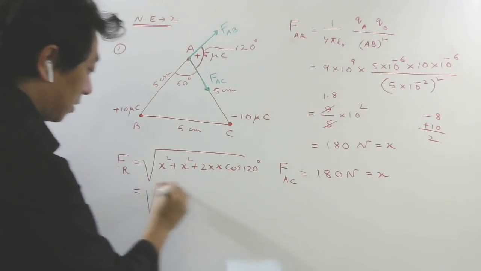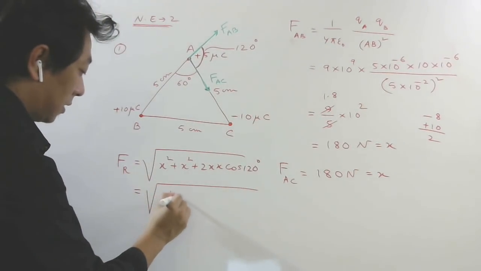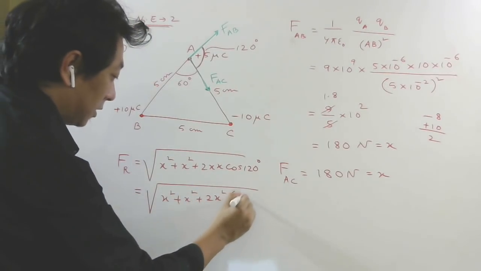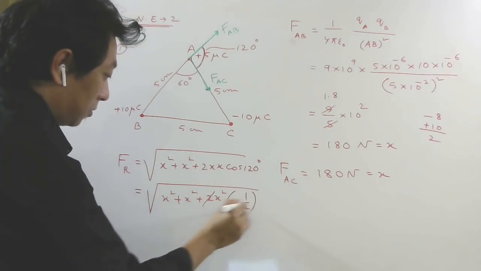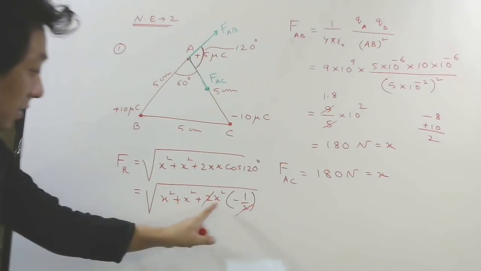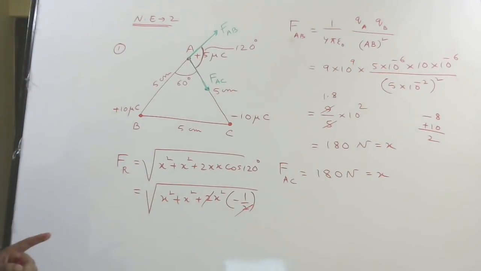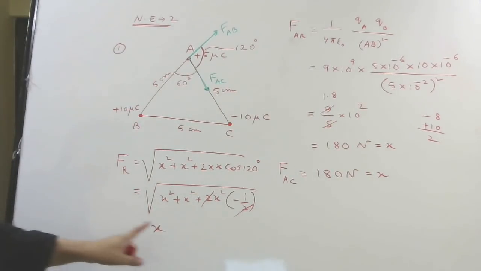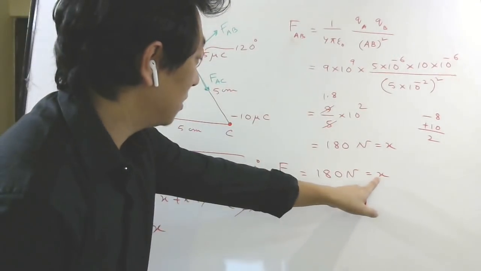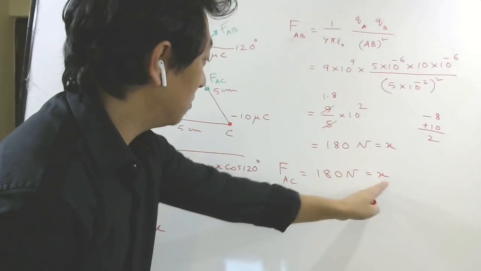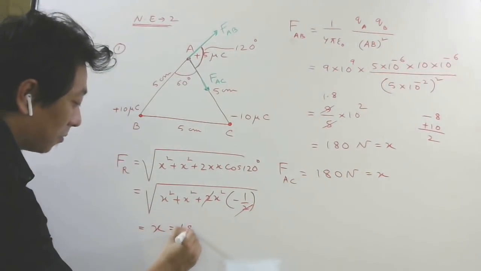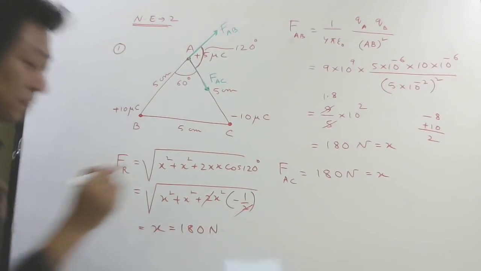That will be root of x square plus x square plus 2x square cos 120, and cos 120 is minus half. 2 will cancel. Then minus x square plus x square will also cancel, and root of x square will be what? Simply x. And you already know that this x, I've already assumed this 180 is what? x, right? So I can write here directly 180 Newton.